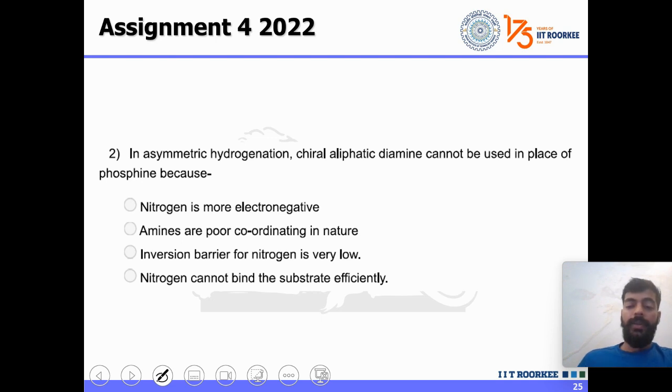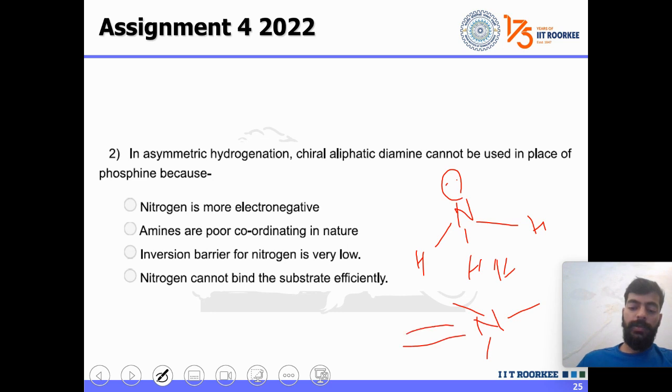We will discuss here. This is our amine with the lone pair, right? So what happens? It comes in plane, and again this type of inversion happens in amines.